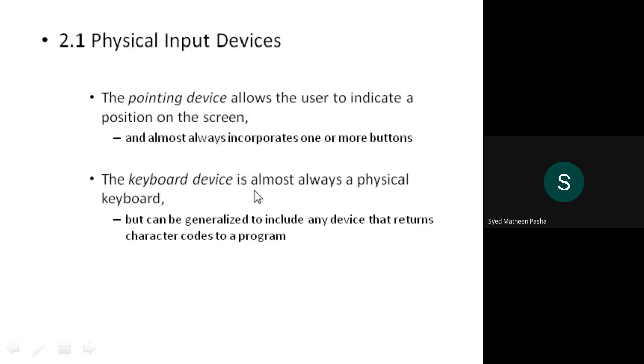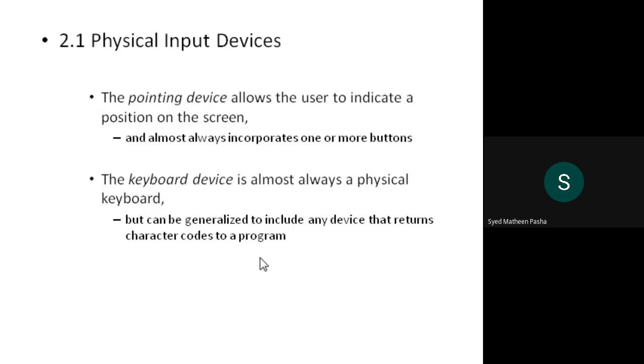The keyboard device is almost always a physical keyboard, as you all know, but can be generalized to include any device that returns character codes to a program. What does a keyboard do? A keyboard basically takes the input from the user and converts it into machine level language.